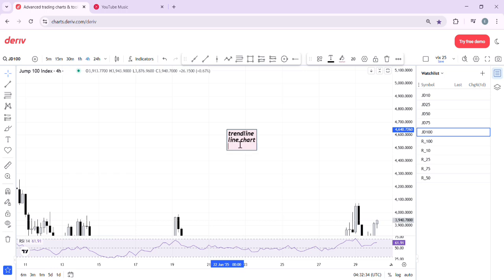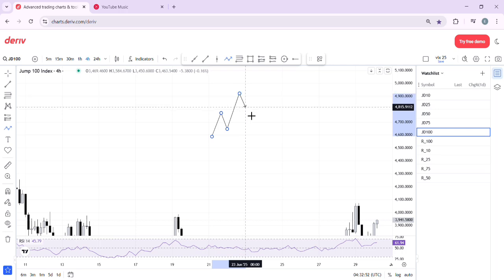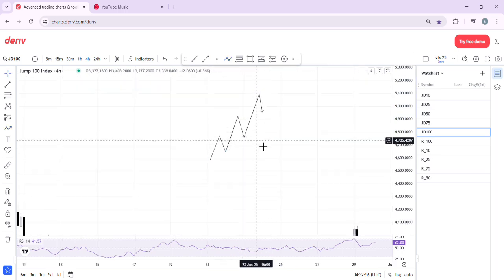Then I use SBR or RBS. This SBR RBS means support broken to form resistance, or resistance broken to turn support. You know, your normal support and resistance, broken to turn support, that kind of stuff.